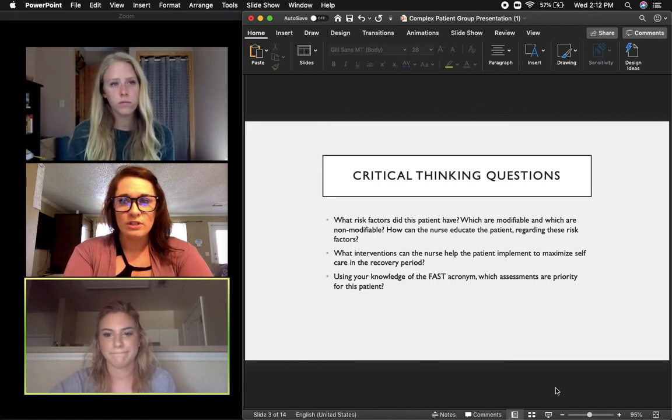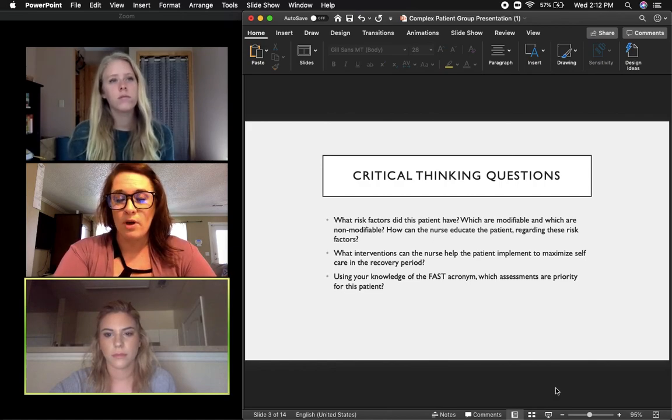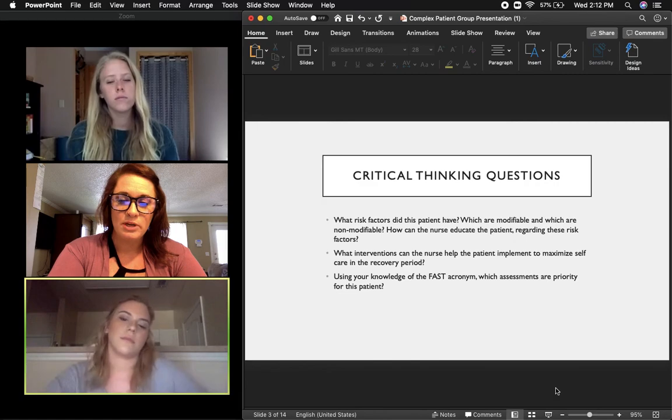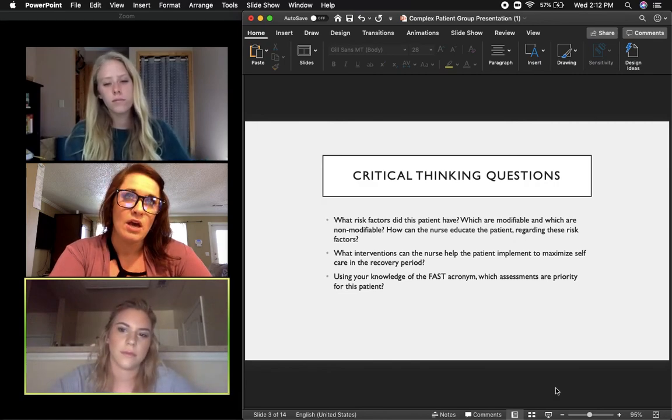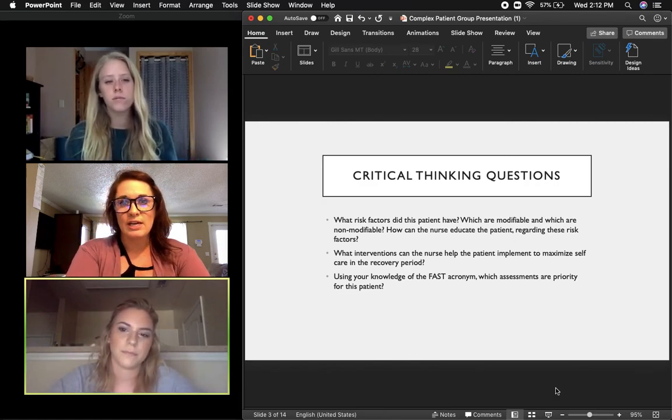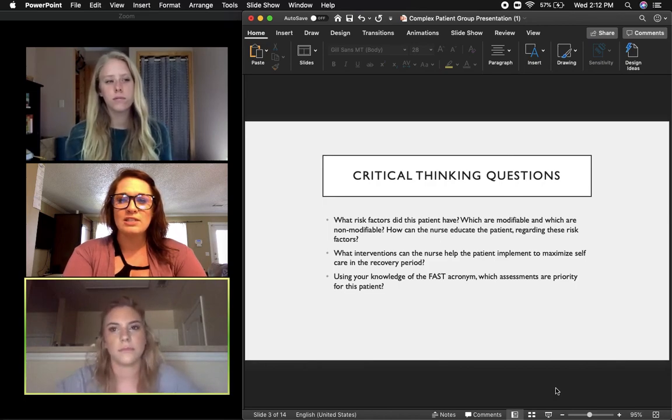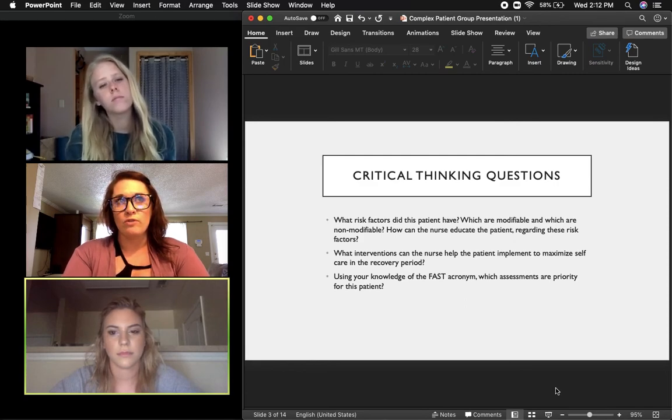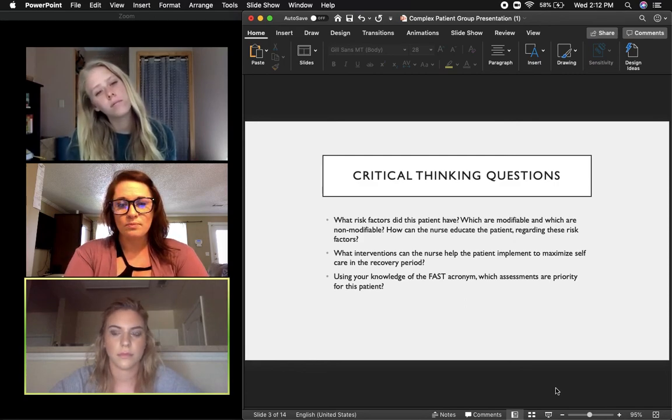There are multiple nursing interventions that can improve the recovery period to maximize self-care in a patient diagnosed with a stroke, and this can be discussed with the patient and her daughter. The nurse can assist the patient in improving mobility, improving communication, enhancing self-care, adjusting to physical changes, assisting with nutritional needs, and even improving thought process.